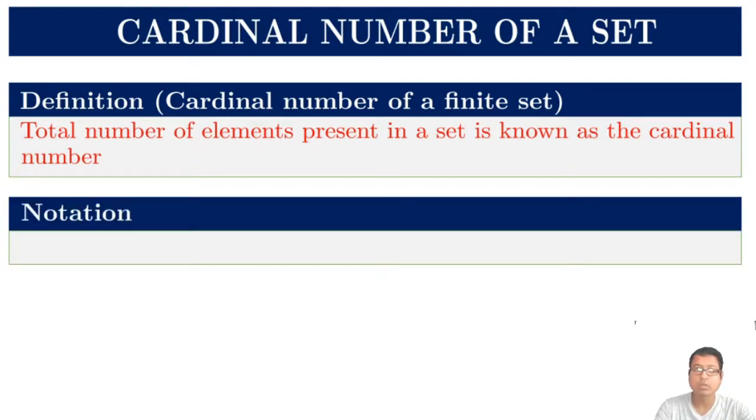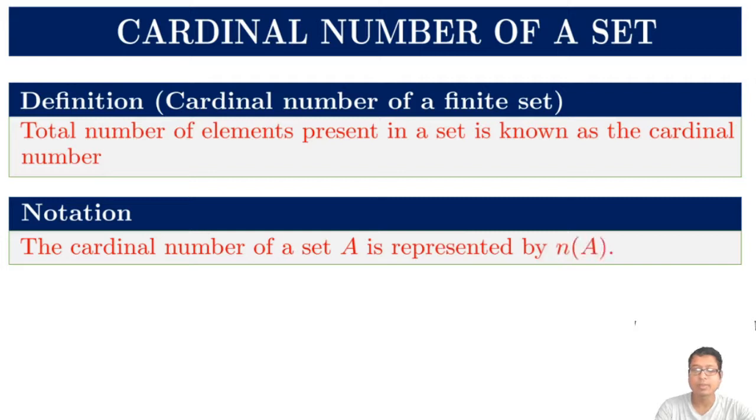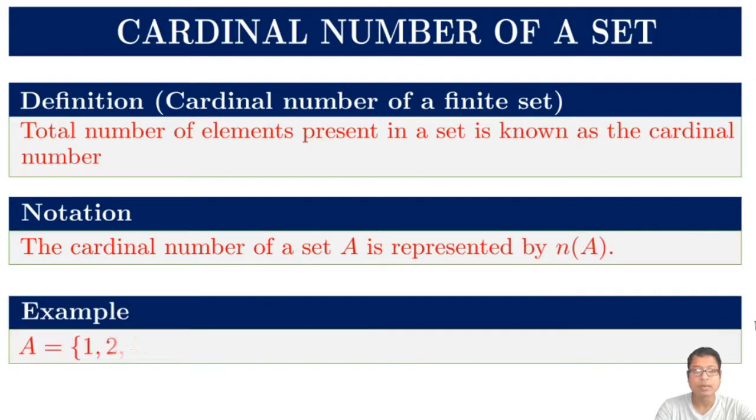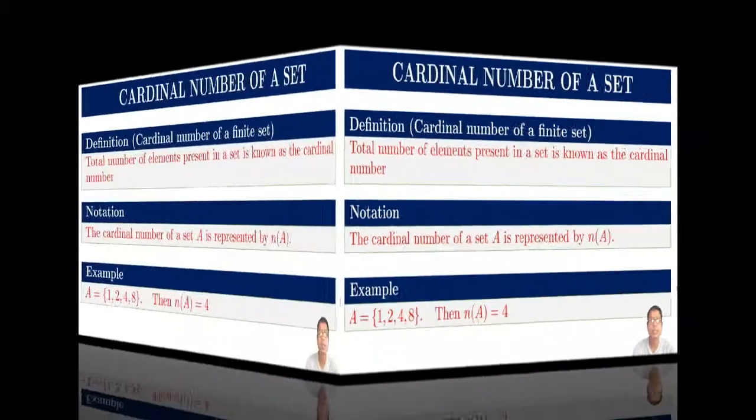The cardinal number of a set A is represented by the symbol n(A). Let me take one example, 1 to 4, 8 as the elements of the set A. Then the cardinal number of the set A will be 4, because it has 4 elements. Okay, fine, it is clear.